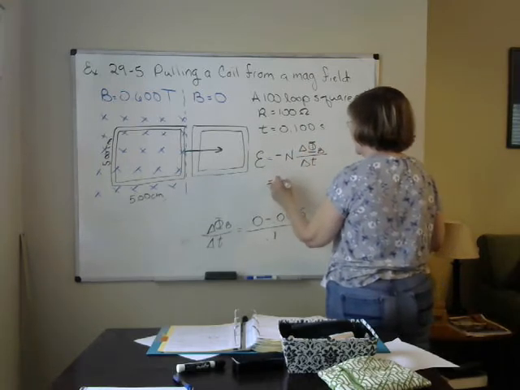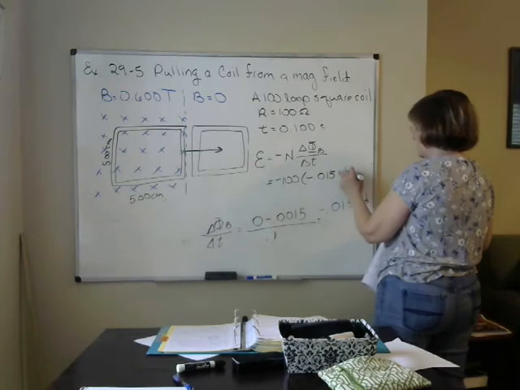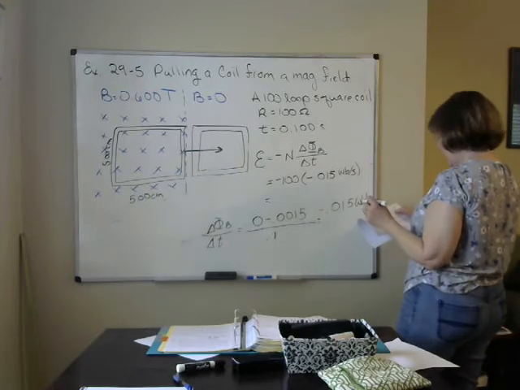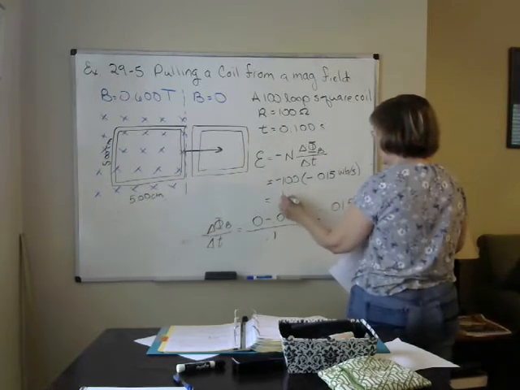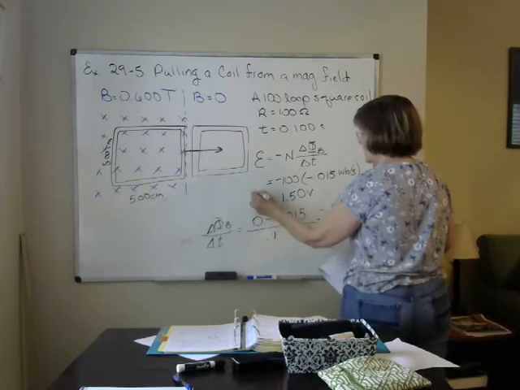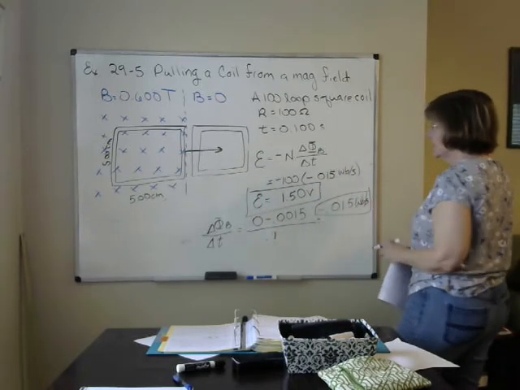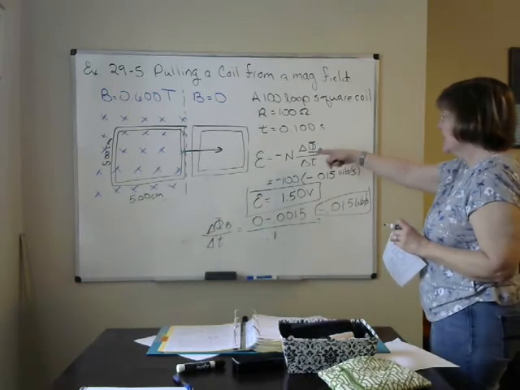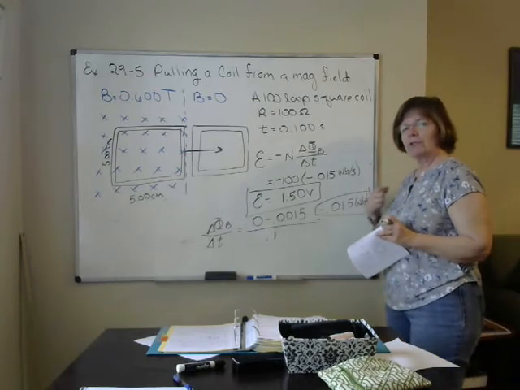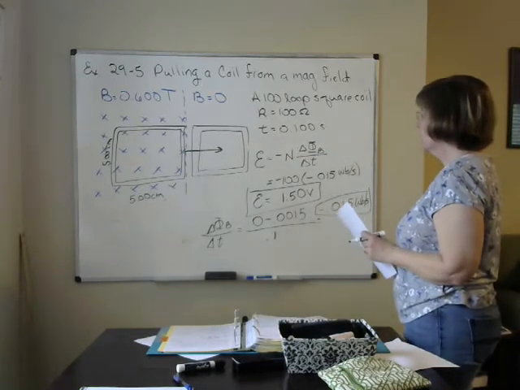So that's going to be a negative 100 times a negative 0.015 Webers per second. Units here are going to actually be in volts. If I multiply that by 100, I get 1.50 volts. I think I'm supposed to have 3 significant digits. So for a single loop, we got that much change in flux. But if I use my formula, the negative change in flux times N, and I had 100 loops, I find out that I have an induced EMF in that coil that's 1.50 volts.